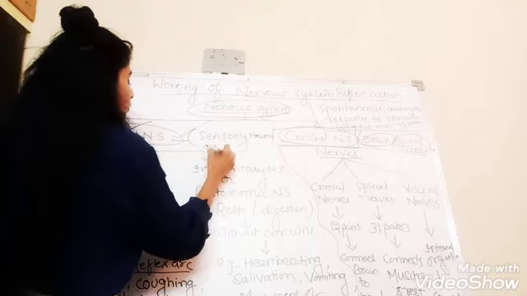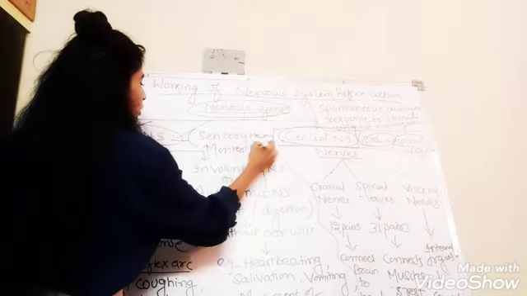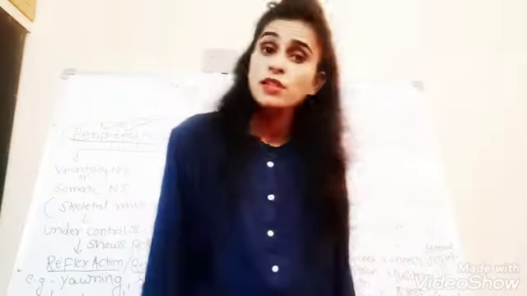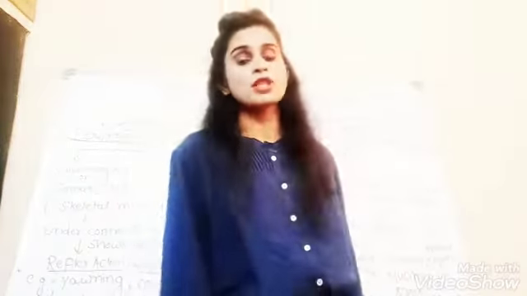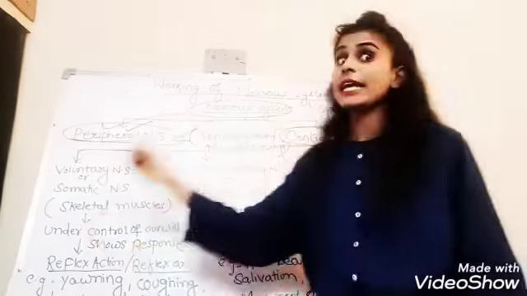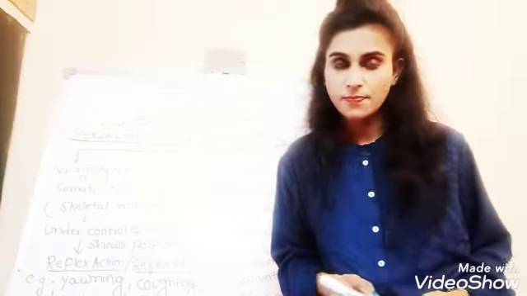And again, guys, these peripheral nervous systems are divided into two types: voluntary nervous system and involuntary nervous system.